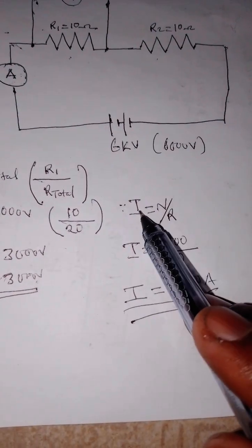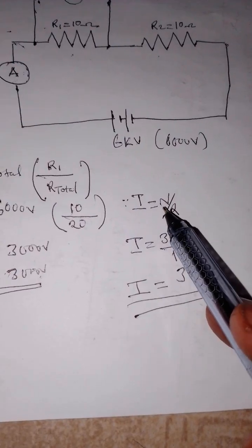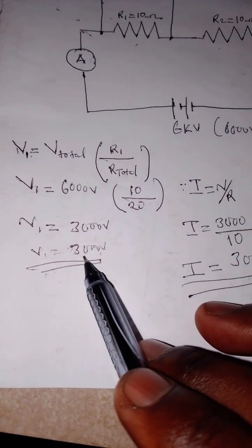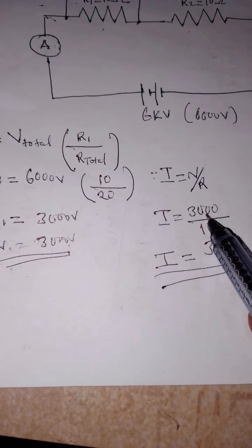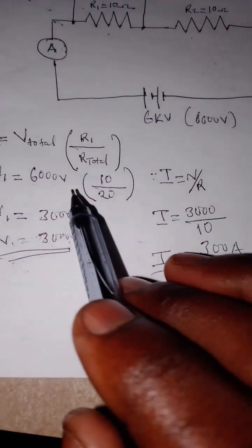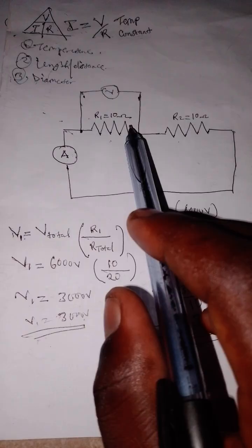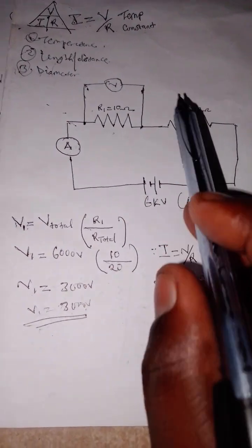Now we are looking for the ammeter reading, so we apply current is voltage over resistance. The voltage we have gotten is this one, so it is 3000 over 10. The way we got the total is just adding this resistor plus that resistor.